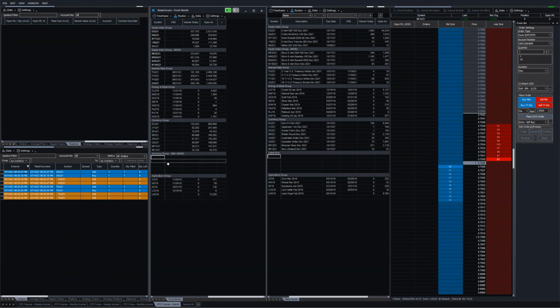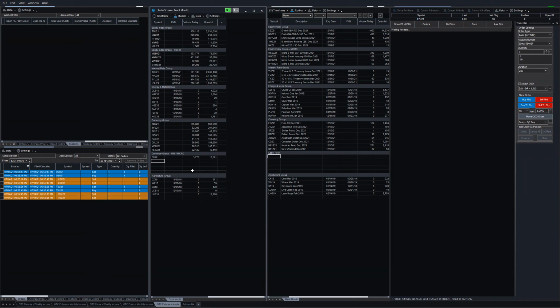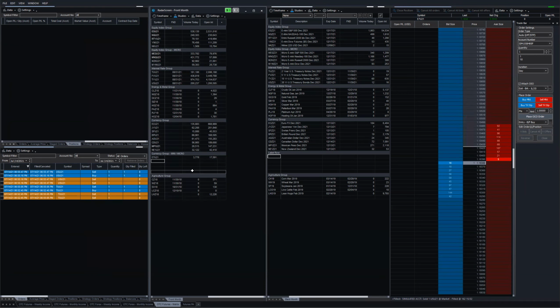So E7U21, that's the mini. Volume, 3,000 tradable, I would say. The E-micro for the euro dollar is M6EU21.